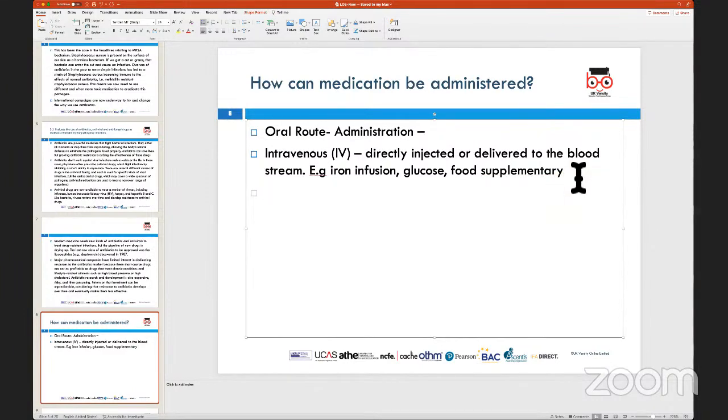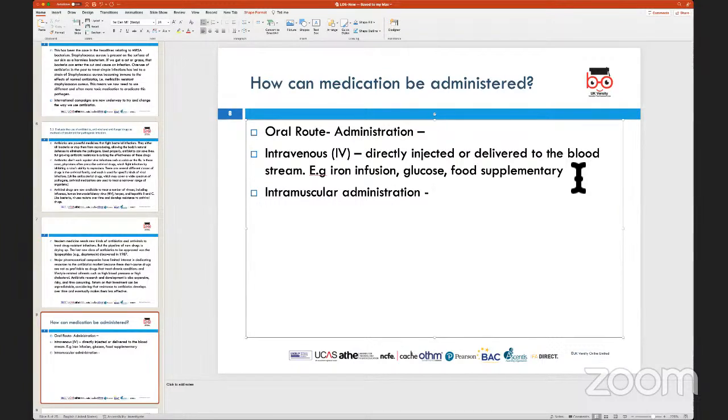Is that okay? Then we talk about intramuscular. Intramuscular administration means you are given medication through an injection into your muscle.